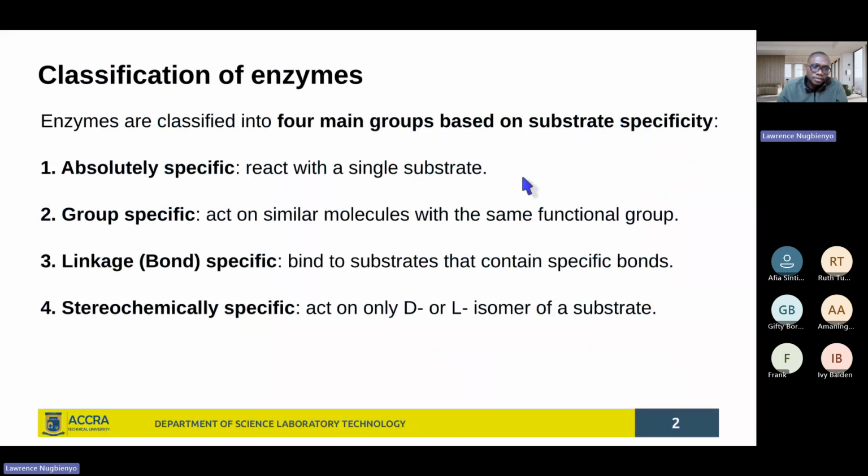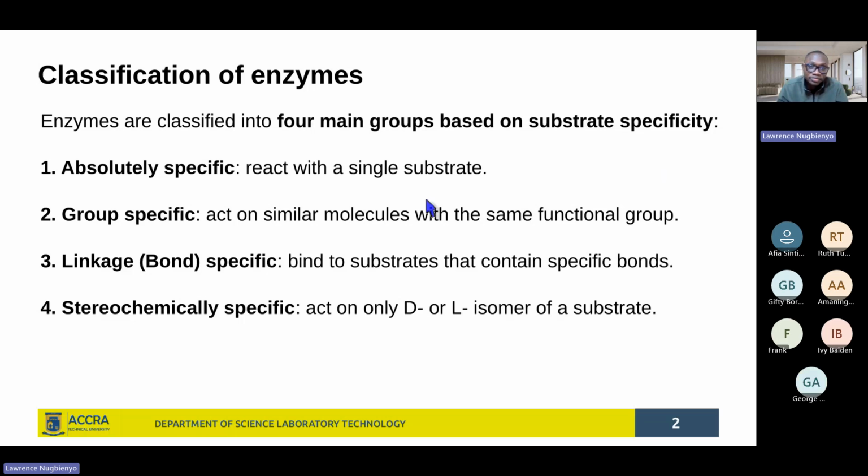All right, so as I was saying, we'll continue today with classification of enzymes. Today we're looking at classification of enzymes based on specificity to the substrate on which the enzyme is acting, and some other forms of specificity.